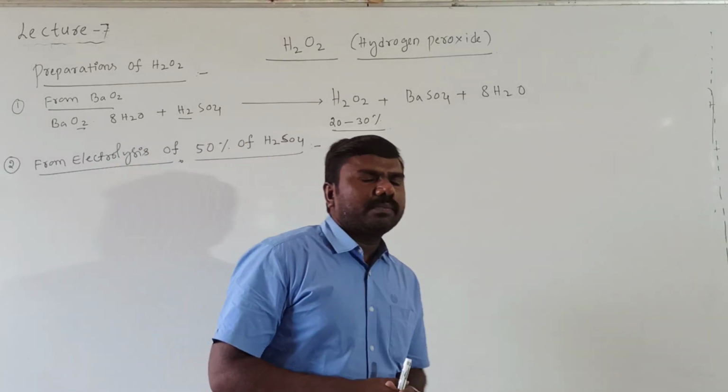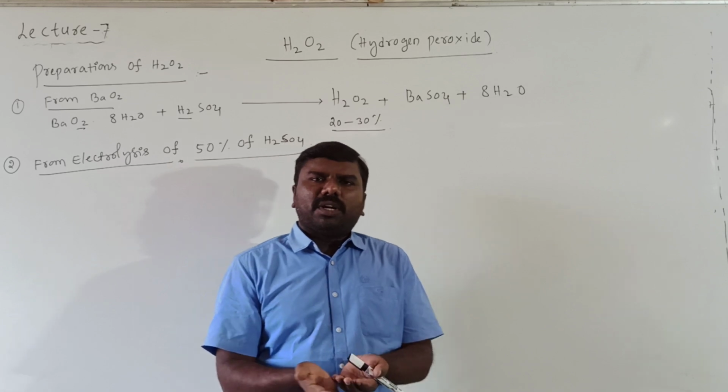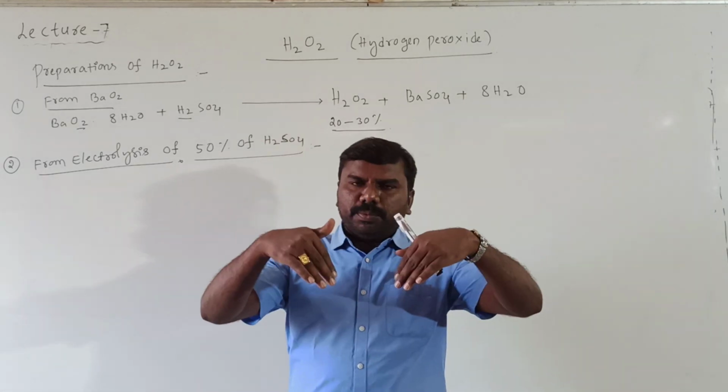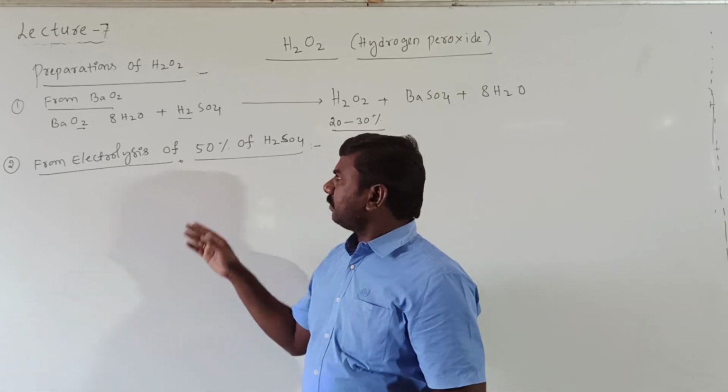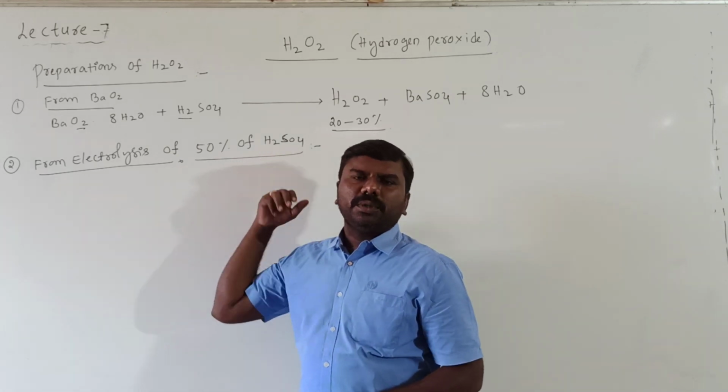Electrolysis means we need to take one electrolyte, dip two metal rods, connect with the wire, then pass electricity. It will be decomposed into H2O2.